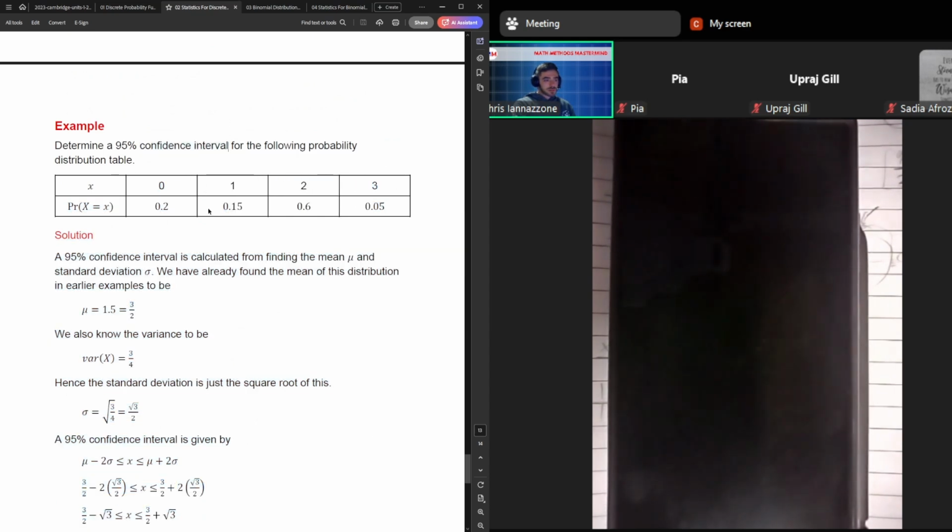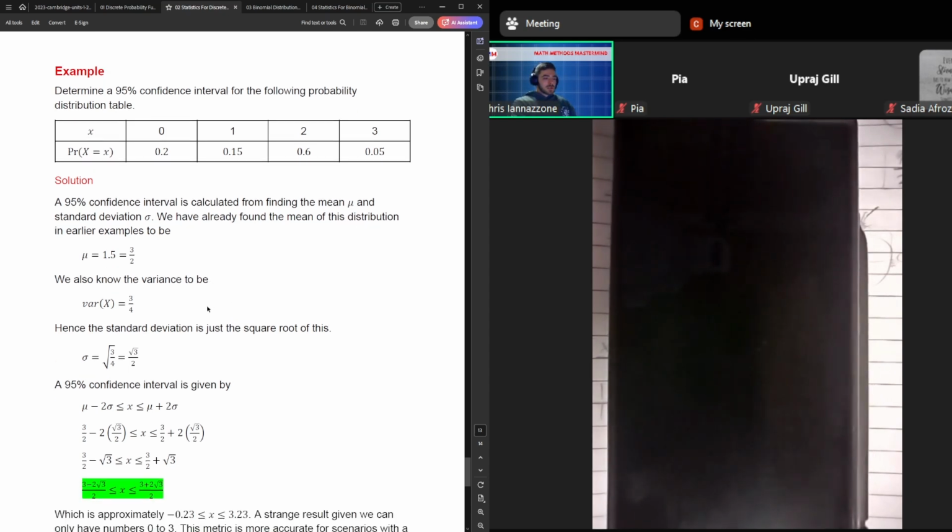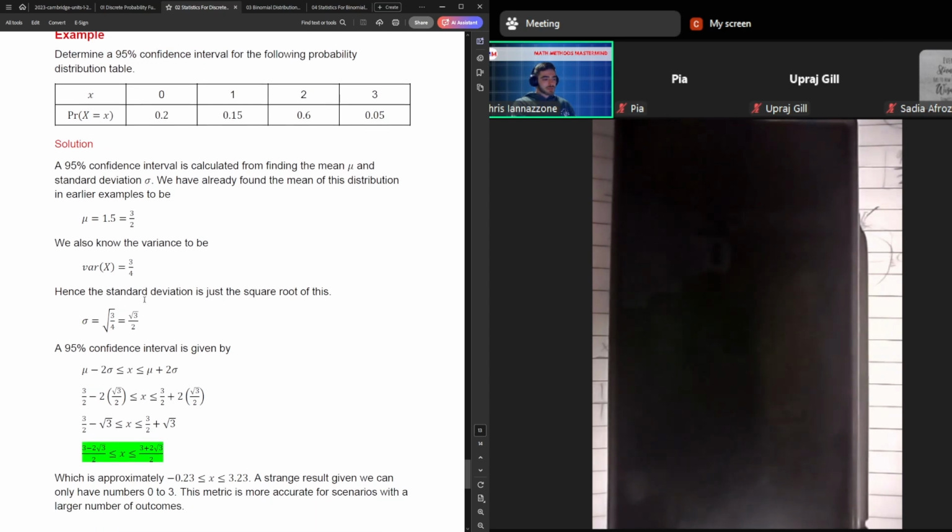Now, for discrete, it's usually a pretty poor metric to track because it's better when you have a large number of outcomes, and we'll see why in a moment. So, same distribution. This time we want a 95% confidence interval. With that in mind, we need the mean, we need the standard deviation. So the mean, we've already calculated that a bunch of times. Same with variance.